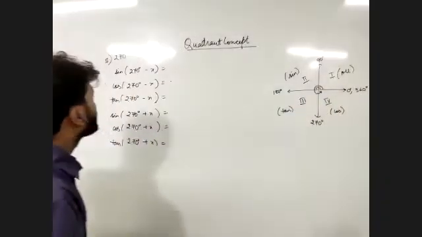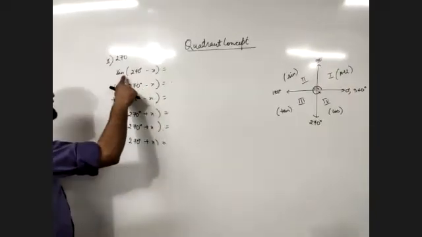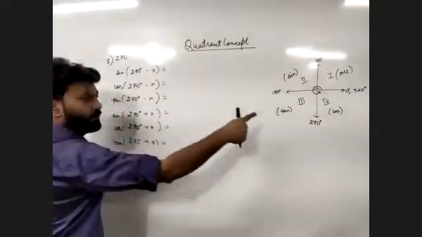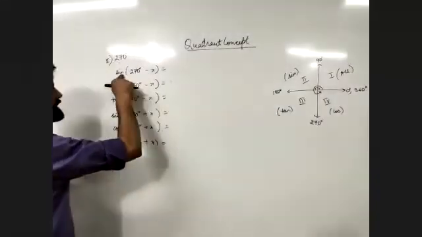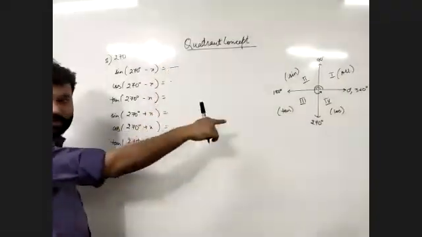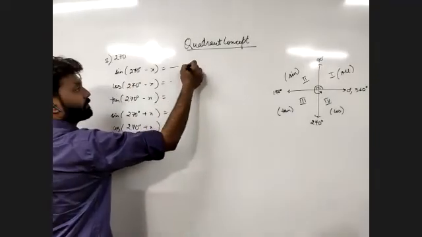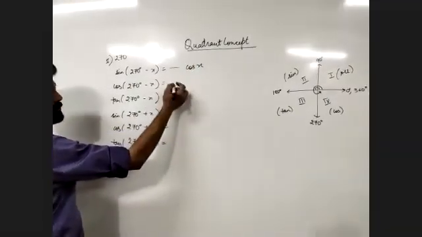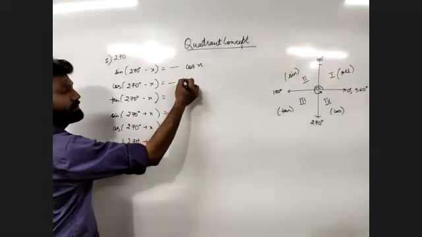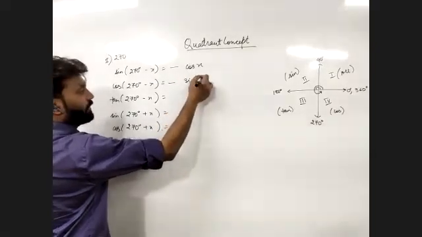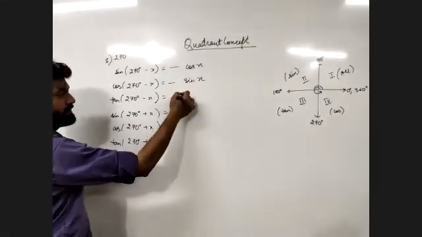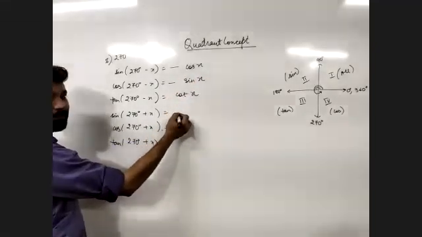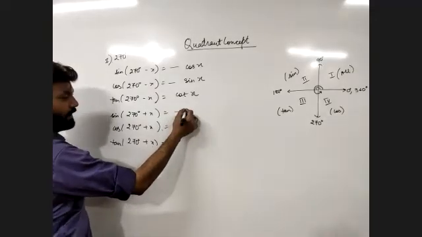Look for this. Sine 270 minus x. 270 minus x, third quadrant, sine will be negative in the third quadrant. Function, what shall I write here now? Minus, very good. This will be plus cot x, very good. This will be minus cos x.